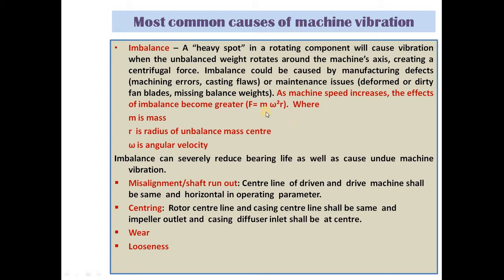If mass increases, then centrifugal force will increase. If r, the radius of unbalanced mass center, increases, then also centrifugal force will increase. And if the vibration increases with the RPM, that means angular velocity, then we can say with confirmation that it is due to imbalance.